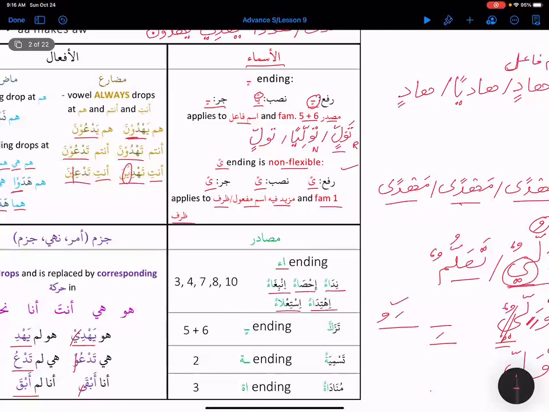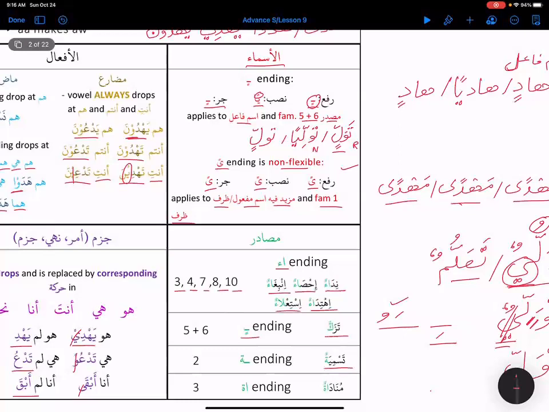And that is for family 3, 4, 7, 8, and 10. Then family 5 and 6 masdar will end on kasras. So that will be tazakkin. Family 2 would look like tasmiyatun. So that is ta'limun, right?